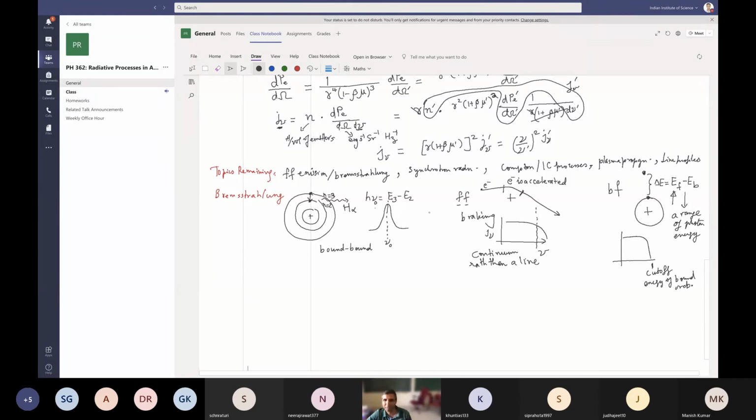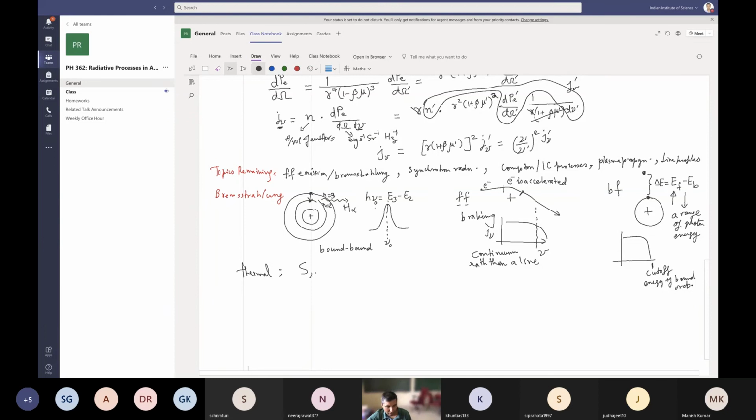So these are free-free, bound-free, and bound-bound transitions, and these are all thermal radiation mechanisms. What do you mean by thermal radiation mechanism? Can someone tell us? This is a concept from radiative transfer. What is a thermal emitter?